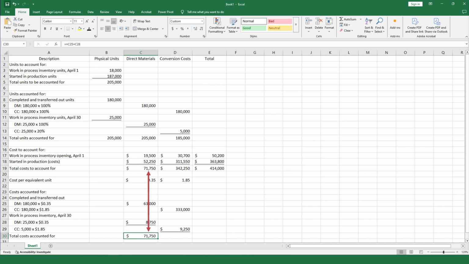In fact, if these numbers are different, you've done something seriously wrong. For column D, conversion costs, $333,000 plus $9,250 is equal to $342,250. Again, notice that the total cost to account for is equal to the total costs accounted for, as they should be.